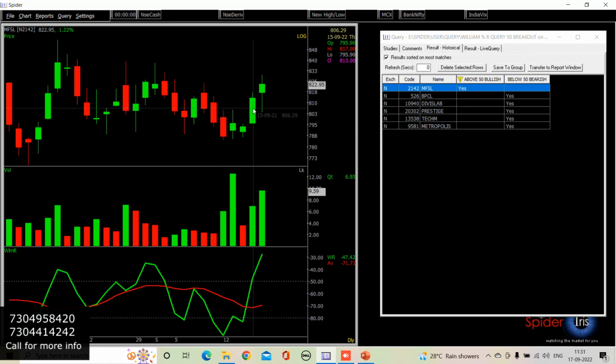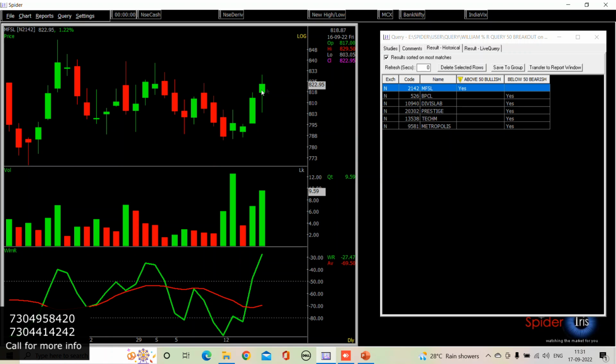You can see the value of the Williams indicator in the previous candle is -47.42. Also it is cutting the red average line in upward direction. Once the high of this candle gets broken, you will get an indication in this query. The high of this previous candle is 817.